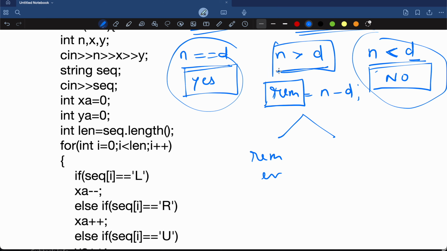I will check the number of moves remaining with us and see whether it is odd or even. If it is even, then we will print yes. If it is odd, then simply print no. That's it. This is the explanation of this problem.